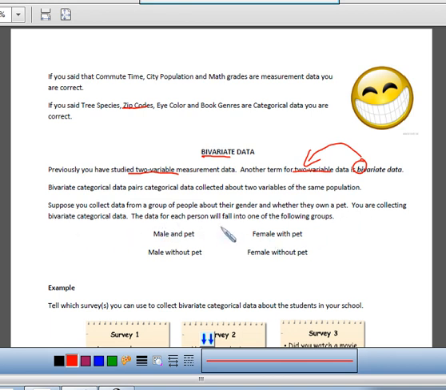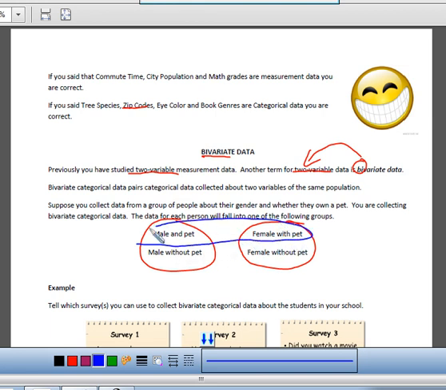The data for each person will fall into one of the following groups. So male and a pet or male without a pet. So we've got two possibilities. Female with a pet or female without a pet. Two possibilities. Or you can think of it this way. We've got two possibilities going either male with a pet or female with a pet. And then two possibilities without a pet.